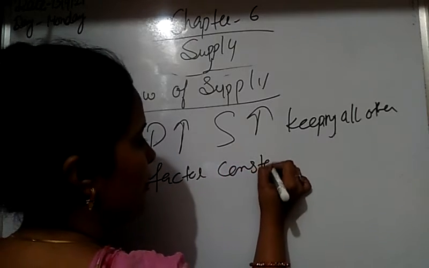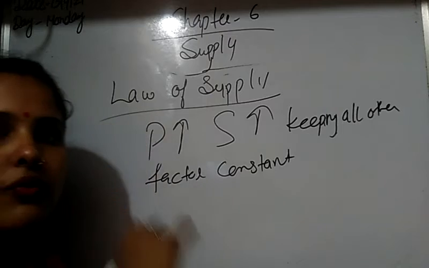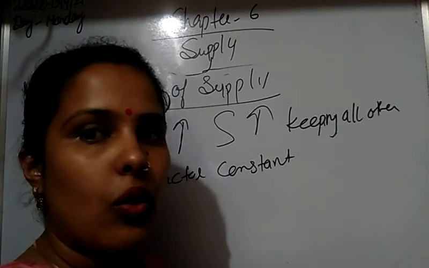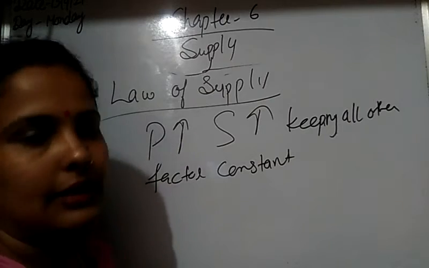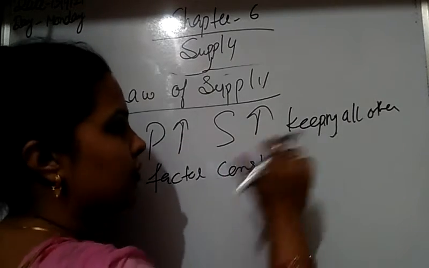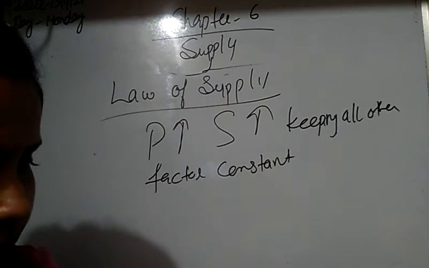When the price increases, producers want to earn more profit and are ready to sell their whole stock in the market. This is what the law of supply states.